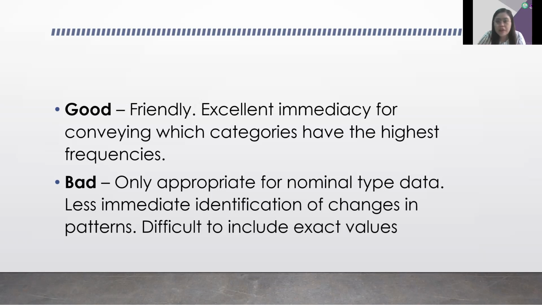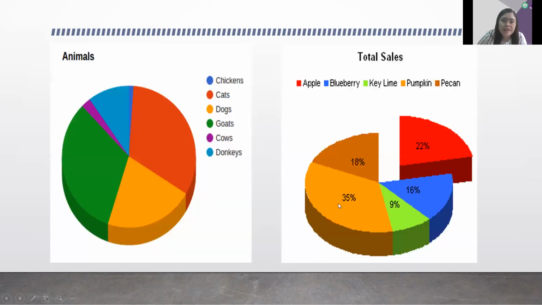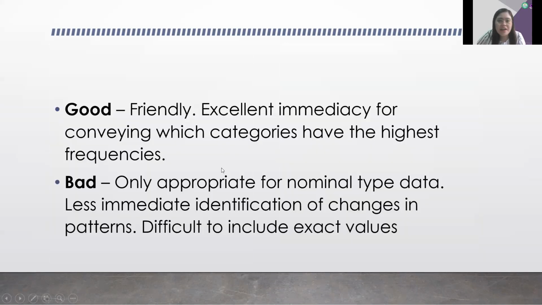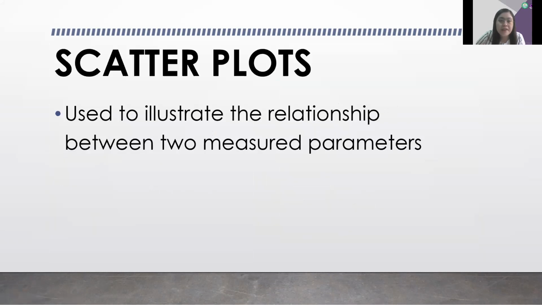Okay? You cannot see the exact values if you are going to look at the pie charts. Okay? Hanapin pa natin kung ano ba talaga ang totoong number or totoong values na nakuha ng researcher if they presented it using a pie chart.